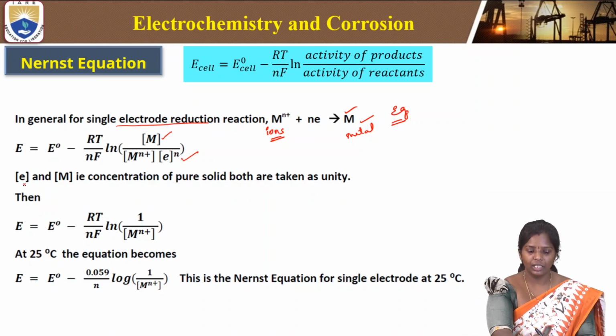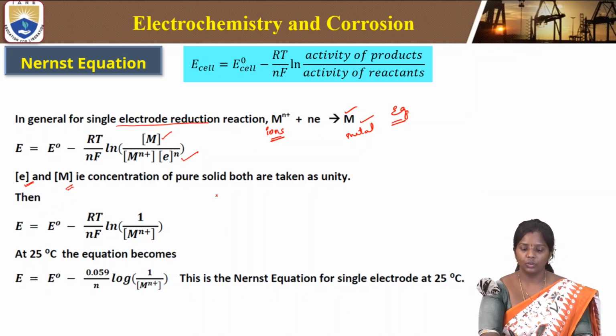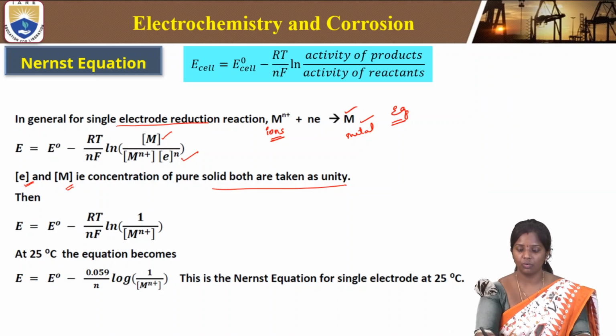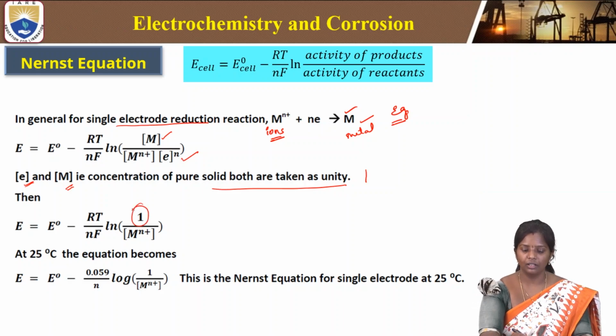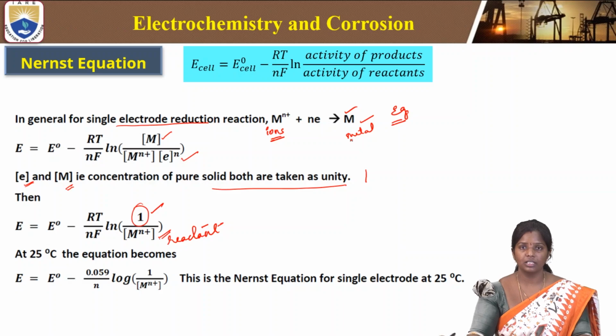When the concentration of M, the metal, is taken as unity because it is a pure solid, it becomes 1 by Mn plus. This is the reactant, and the product term becomes 1.